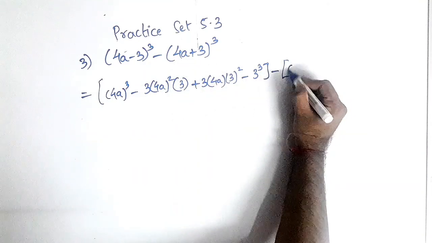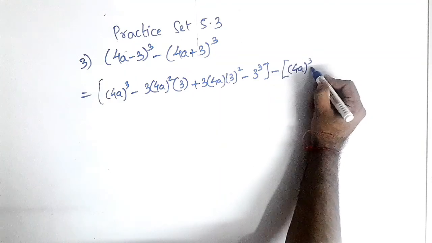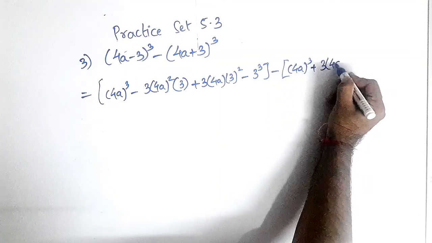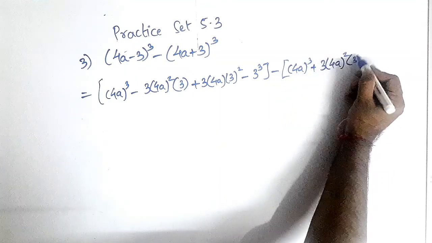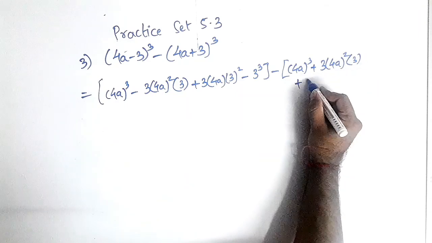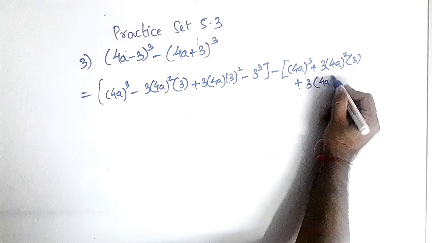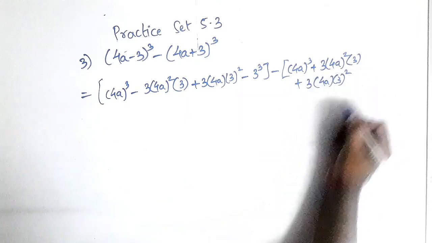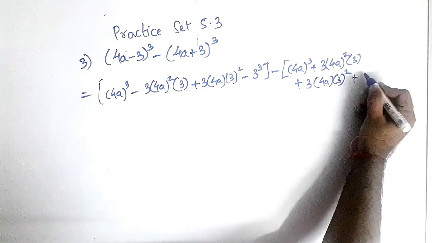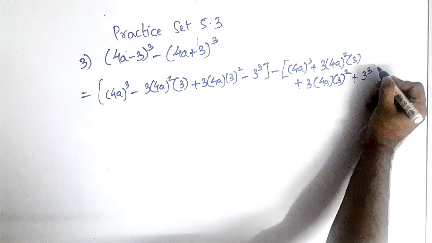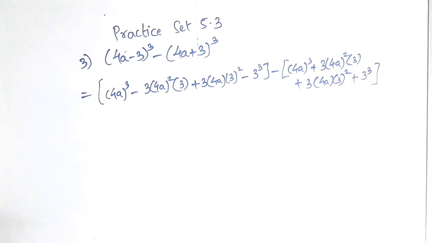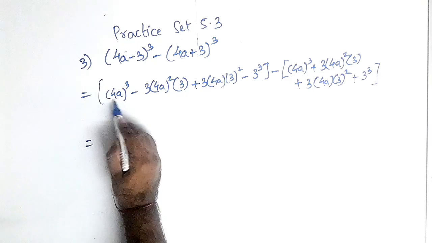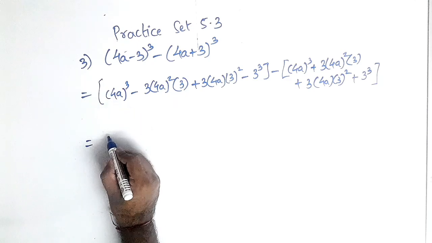Okay, so this is a cube plus 3a square b plus 3a b square, correct, plus b cube, square bracket close.